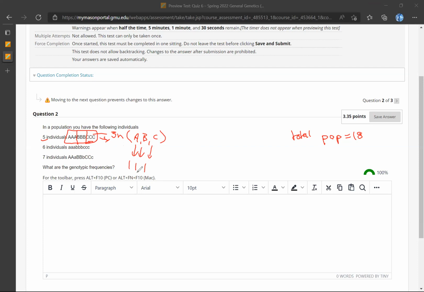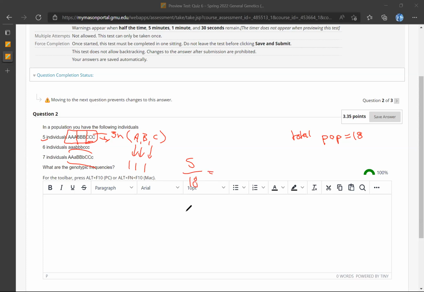So what are the genotypic frequencies now that we know that these are our genotypes? It's just like Carla said, the genotype frequency of this genotype here is merely the number of individuals that have that genotype, divided by the total number of individuals, which is the 18 individuals.